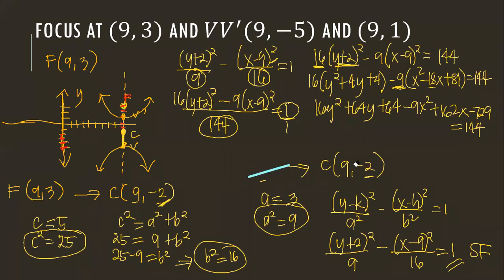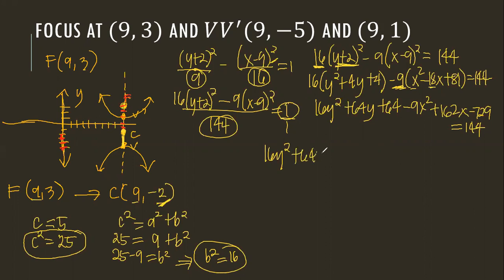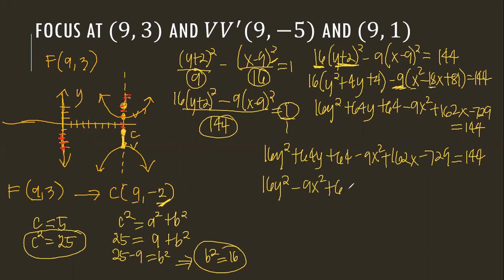Okay, so the next thing that you have to do is to combine all terms. Combine like terms. Okay, so to combine like terms, so i-rewrite ulit natin. 16y squared plus 64y plus 64 minus 9x squared plus 162x minus 729 equals 144. Combining like terms, so we have 16y squared minus 9x squared plus 64y plus 162x.